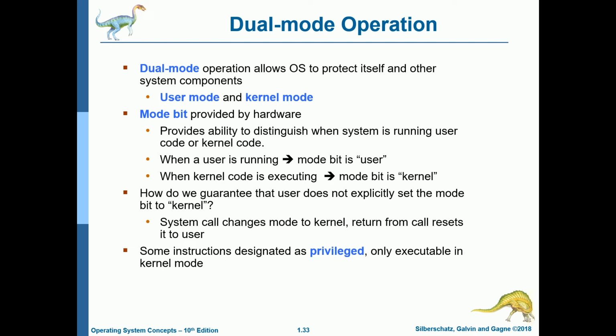Now you might be wondering, how do we guarantee that the user doesn't explicitly just set the mode to kernel? Well, a system call is the thing that changes the mode to the kernel. When we return from that, it automatically resets it to user, so that mechanism is pre-built into it. Also, some instructions are designated as privileged instructions, and they are only executable in kernel mode.